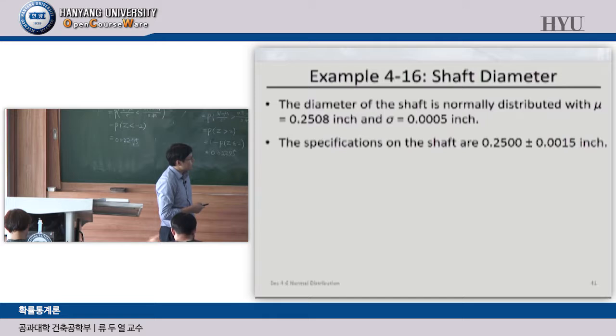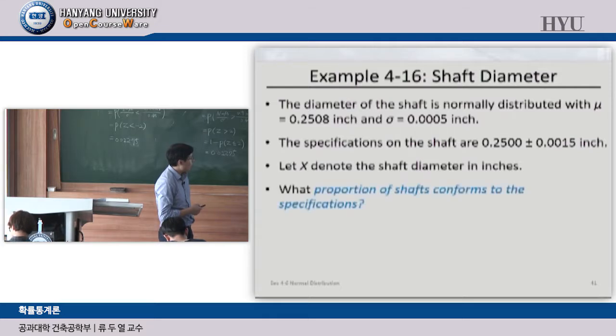The specifications on the shaft are 0.25 plus or minus 0.0015 inch. Let x denote the shaft diameter in inches. What proportion of shafts conform to the specifications?